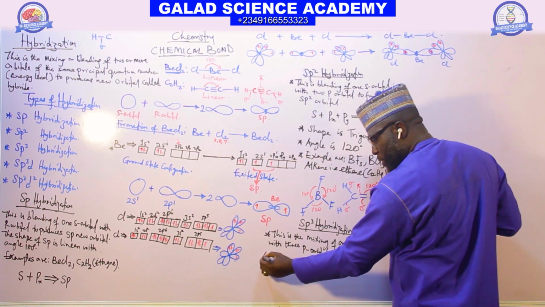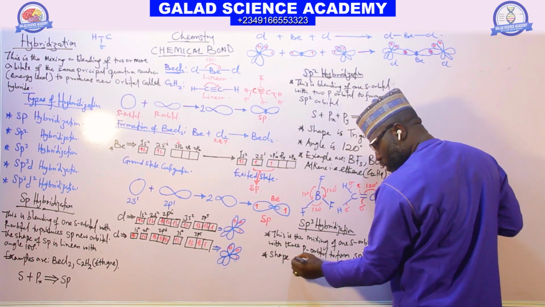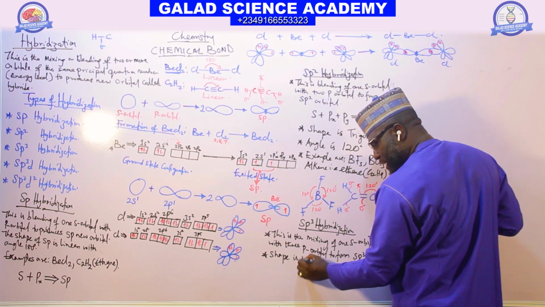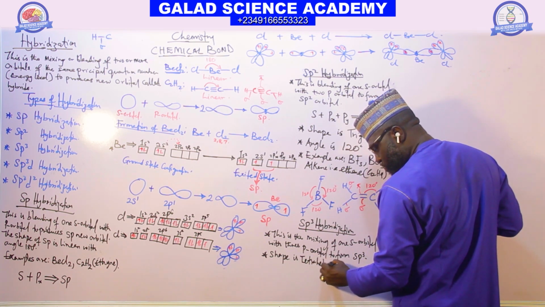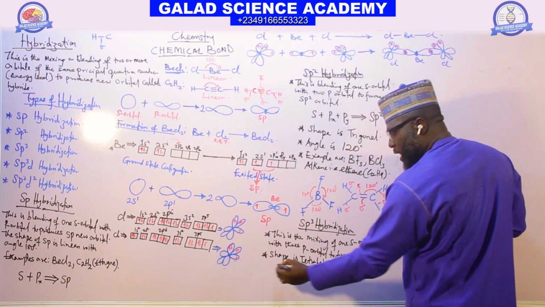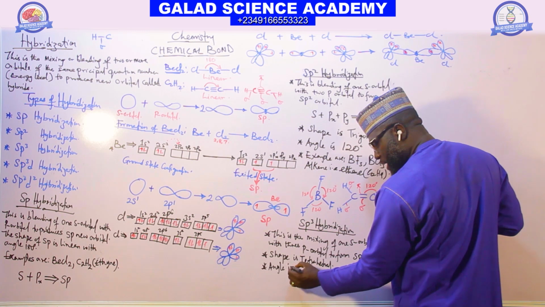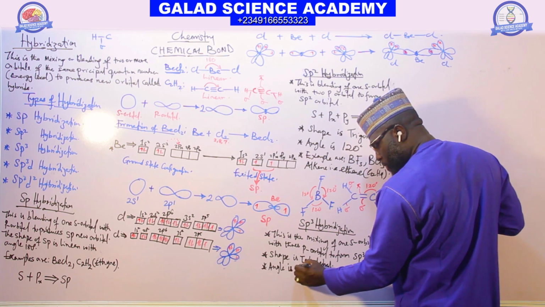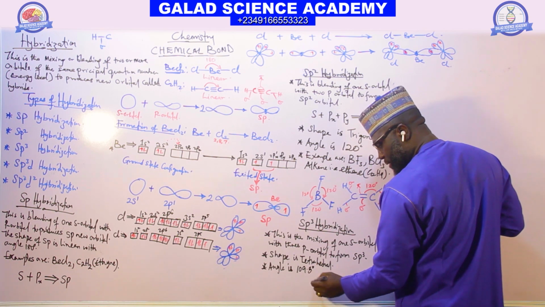The shape of this hybridization is tetrahedral, and the angle is 109.5 degrees.